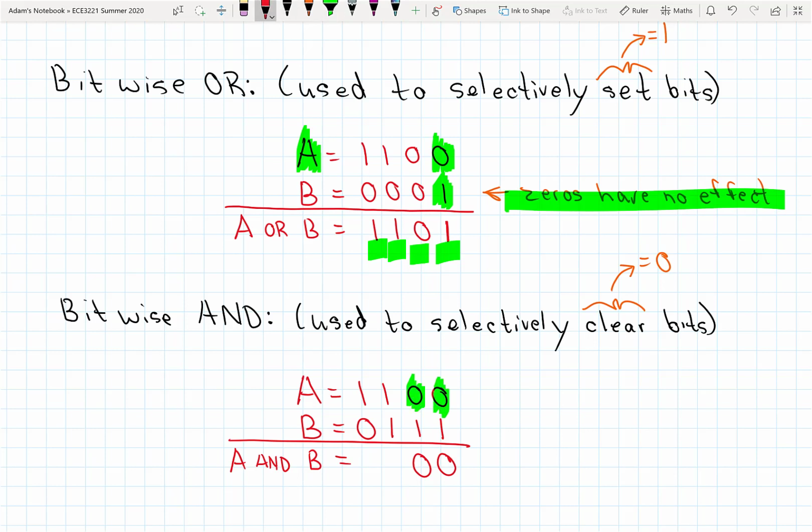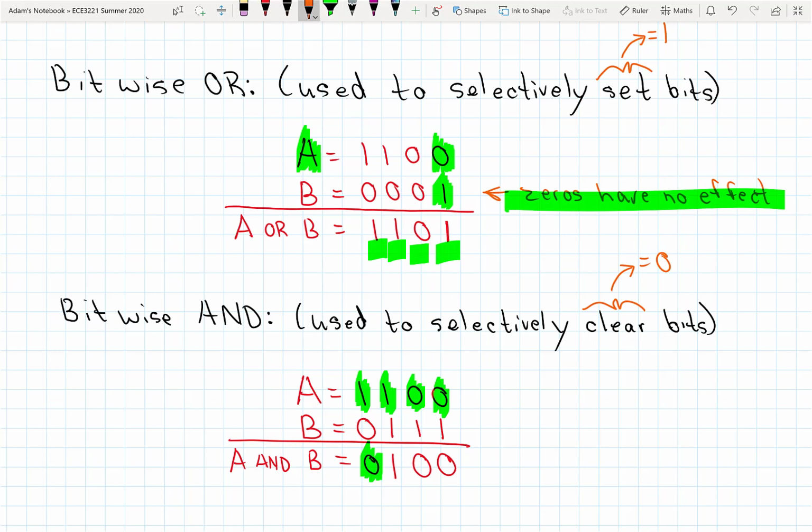1 and a 1, I'll get a 1 out. So my value that I will put into A stays the same on the output. But here I have a 1 and a 0. 1 AND it with 0 gives me a 0 on the output. So I've taken that value that was originally a 1 and I've forced it to be a 0. So I've selectively cleared, in this case, the most significant bit.